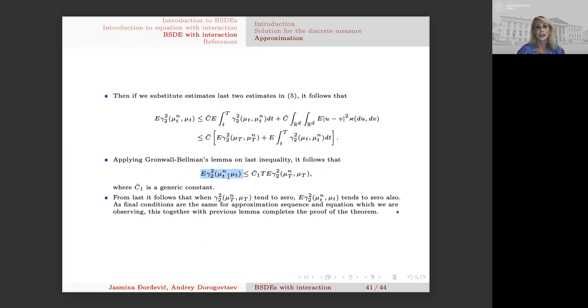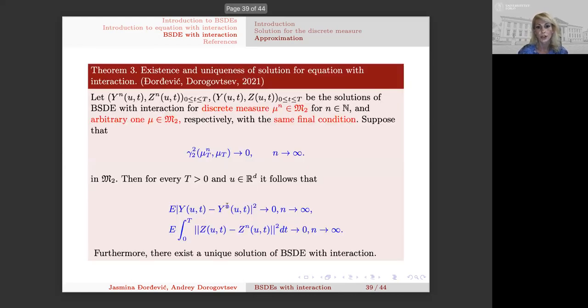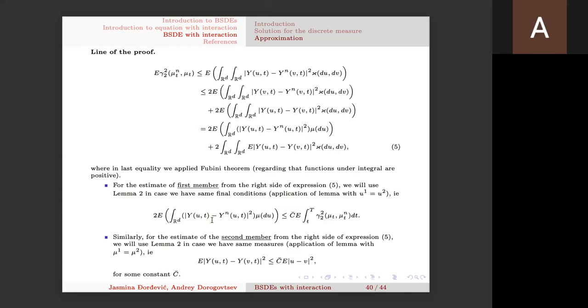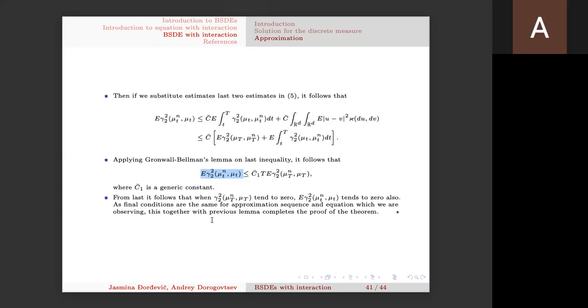From lemma 2, which we analyzed, those expectations converge to 0. Because it is the same final condition, we are left with the Wasserstein distance of order 2. From this, we also have the uniqueness and existence result for the general BSDE.